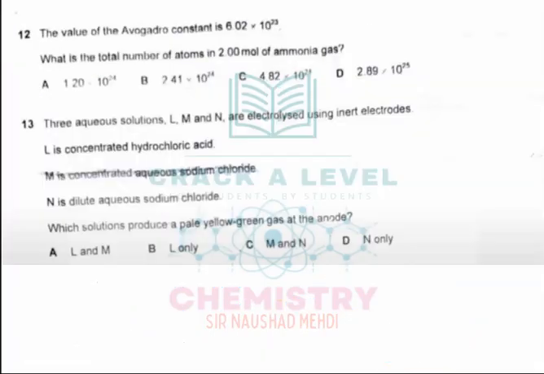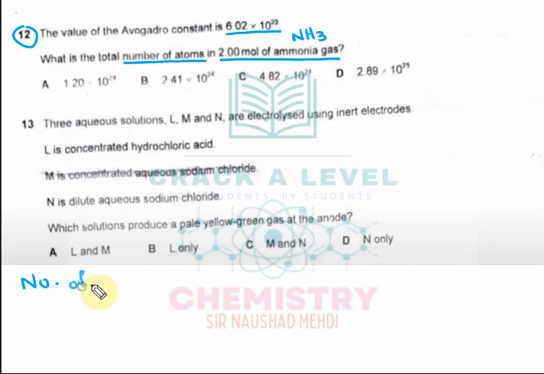Okay, MCQ number 12. Now in this, it is saying the value of the Avogadro's constant is 6.02 × 10 to the power 23. What is the total number of atoms in 2 moles of ammonia gas? So ammonia gas, we all know that it's a molecule which is NH3. So first of all, if we find out the number of molecules, we will apply the formula for the number of particles.